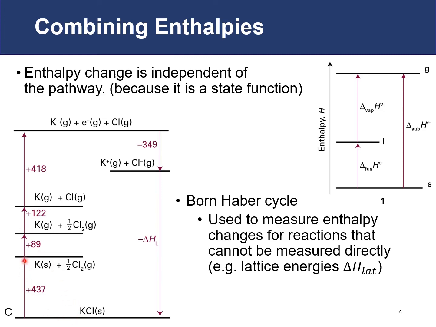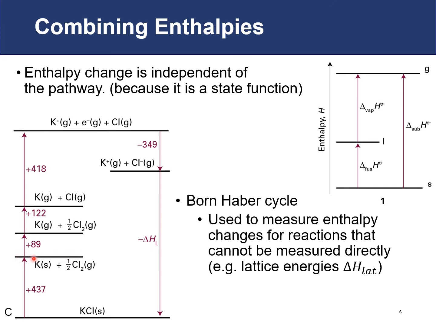So the way that experimentally we find the lattice energy is by looking at the amount of energy that we get by reacting the potassium metal as a solid with chlorine gas. That would be this energy here, right? The difference in energy here. We do that in a separate experiment, write down that energy. And then in an additional set of experiments, we keep the potassium separate from the chlorine.